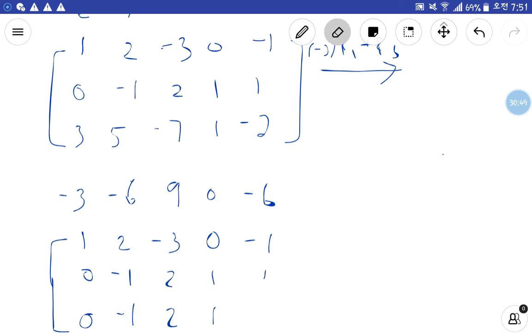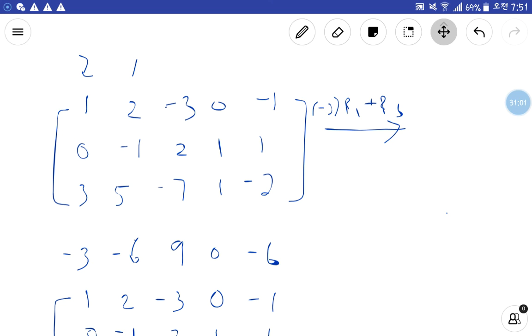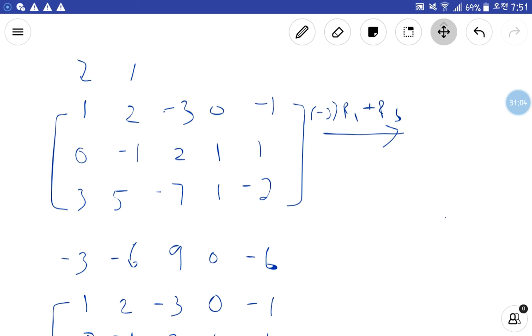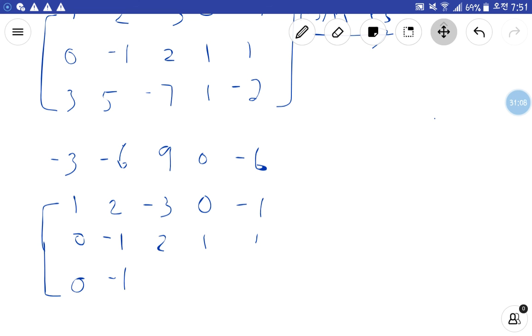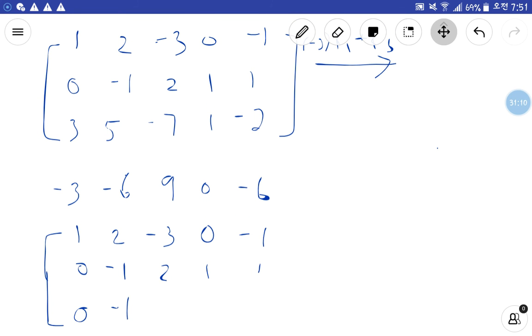No, that's 4. So I multiply by negative 3 on that. Okay, so that would be, hold on. If I multiply by negative 3, let me check it one more time. I don't want to make any mistake.